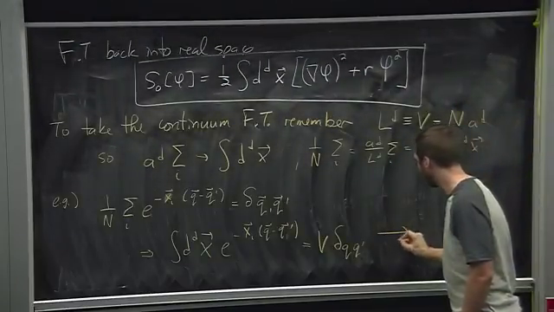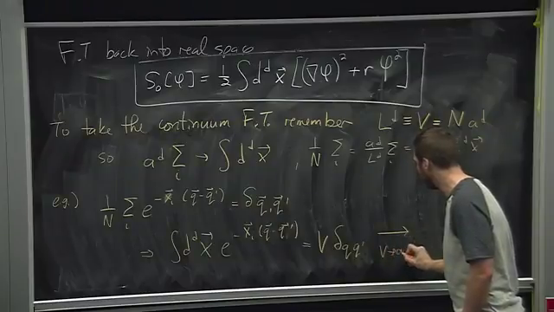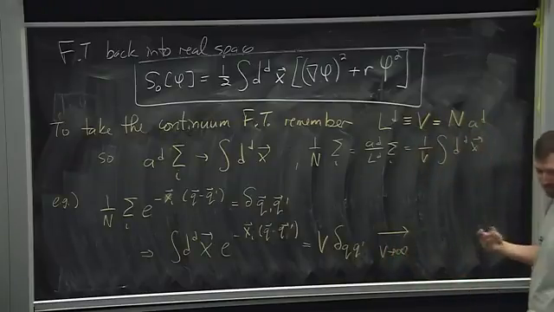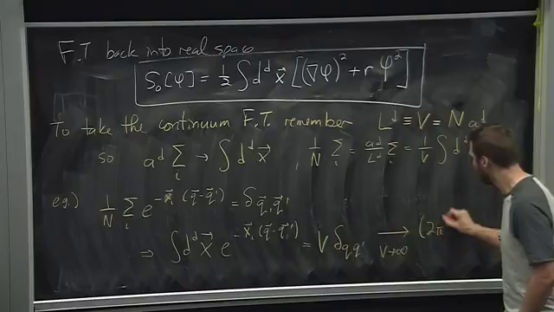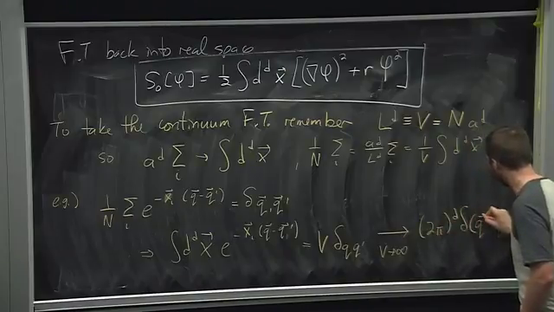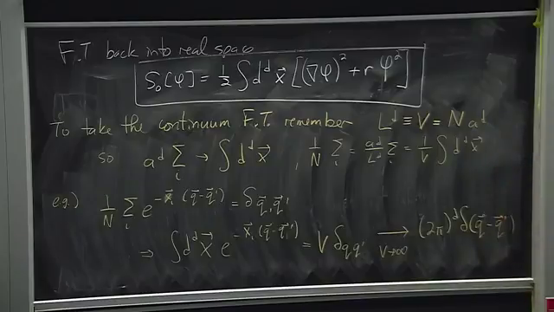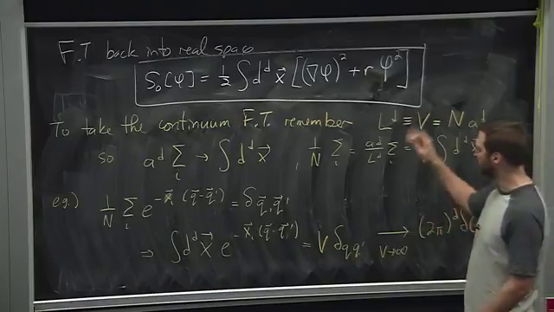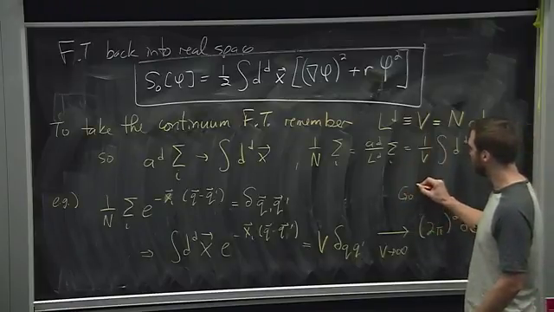So when V goes to infinity, this will give you a delta function of Q minus Q prime. If you want details about all this stuff, look in Goldenfeld. I think it is probably the best.